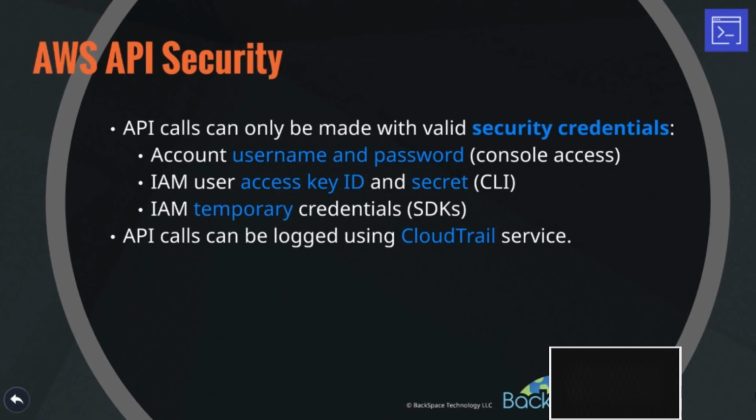If you're using the Command Line Interface application on a remote computer, then you would need to download an access key ID and secret and use that for authentication with AWS. If you're using an application on your browser that has been developed using one of the many AWS software development kits, then normally you would be issued with IAM temporary credentials.